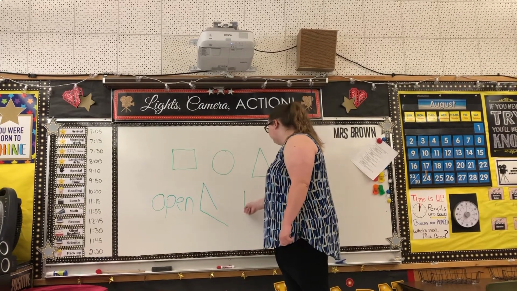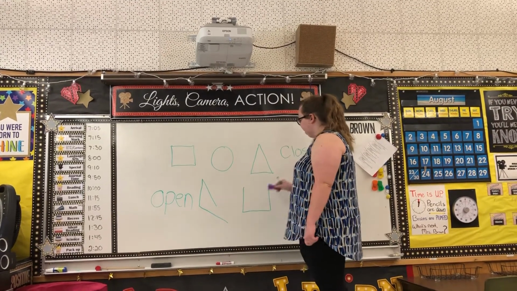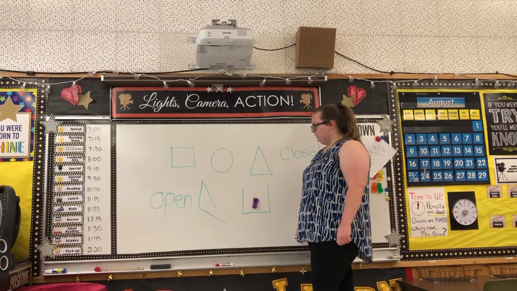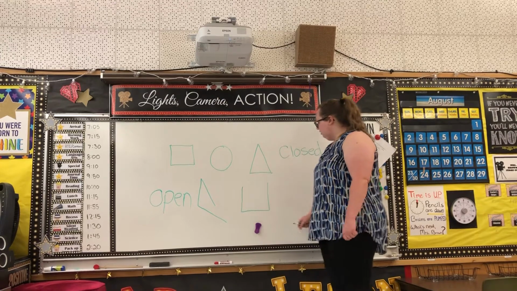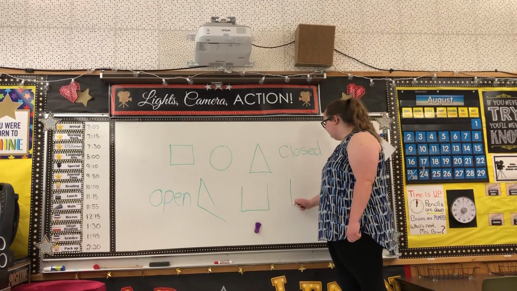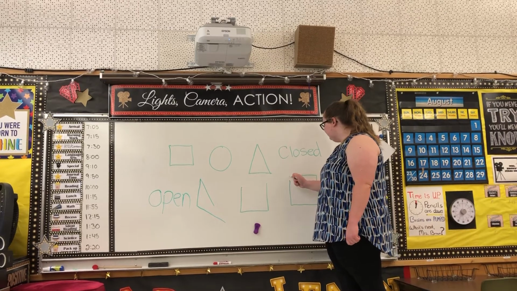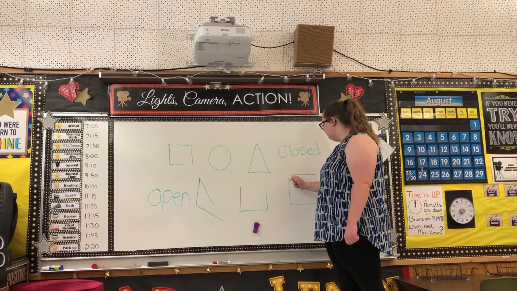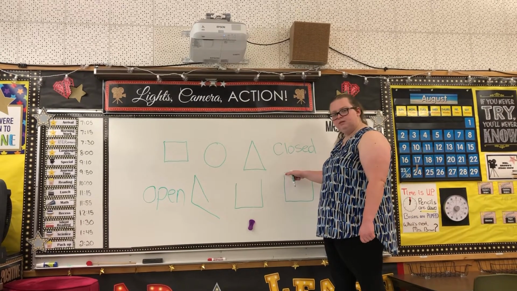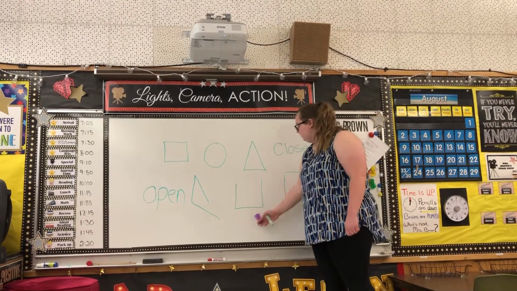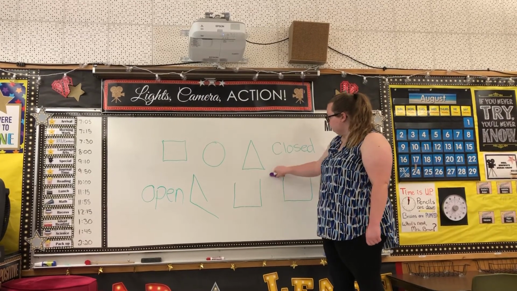Let's draw another open shape. What if we go and draw a square, but leave off the top? Is that an open shape? Yeah, the alligator can get out of there really quick. What if we draw our square, but we only leave an itty bitty tiny spot open? Is this an open shape? Yes, it's still an open shape because our alligator can squeeze through there.